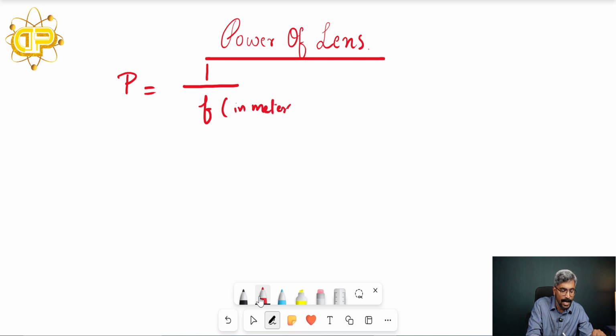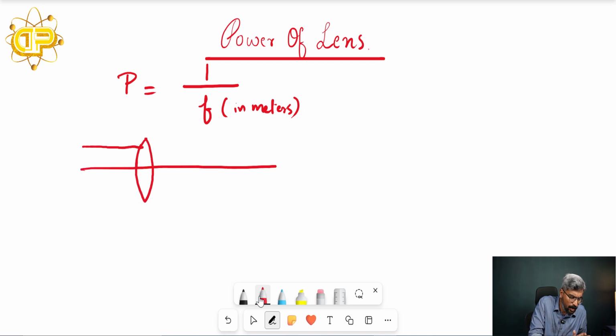So if I have a lens in my hand and I know the focal length of that particular lens, then how can I calculate the power of the lens? In the previous session I showed that if I take a convex lens, light falling on it converges and moves like this.